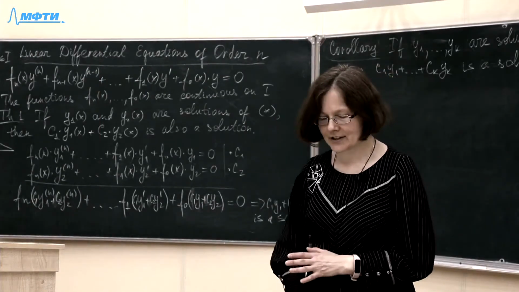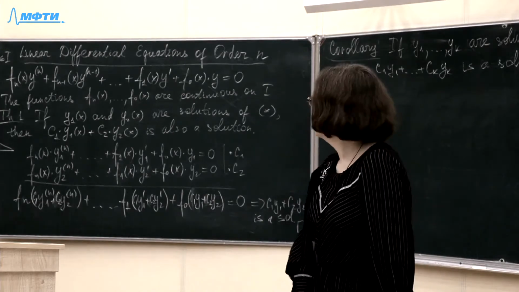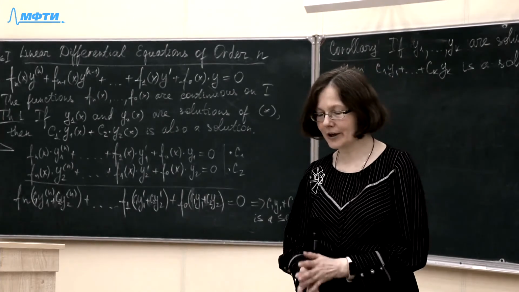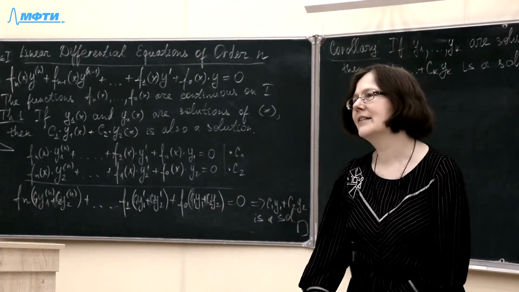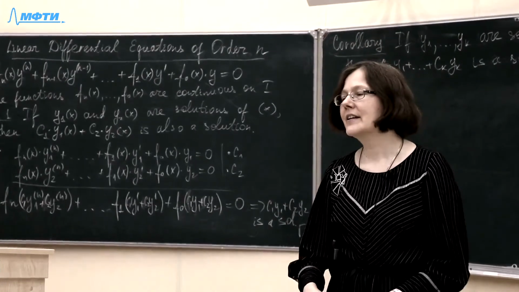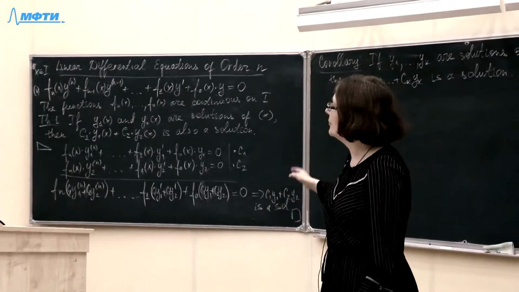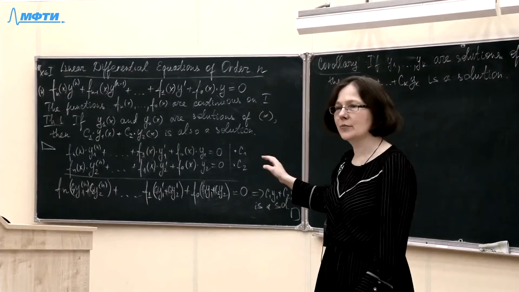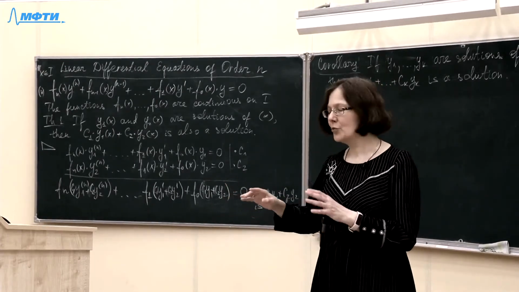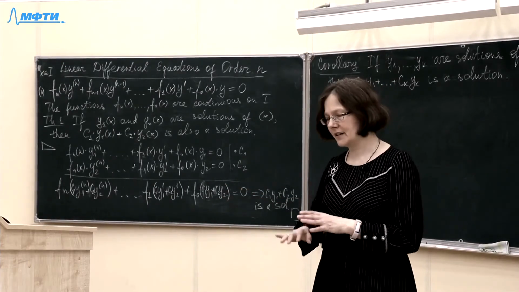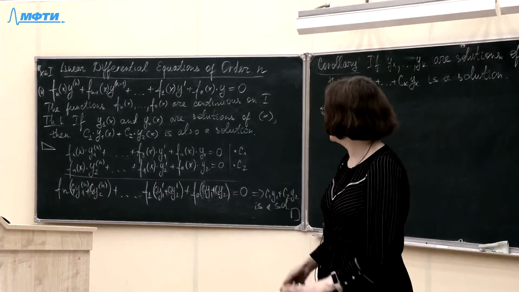Okay, it turns out that a homogeneous linear differential equation of order n has as many linearly independent functions as the order of this equation. So this will be discussed next time, on the next lecture.